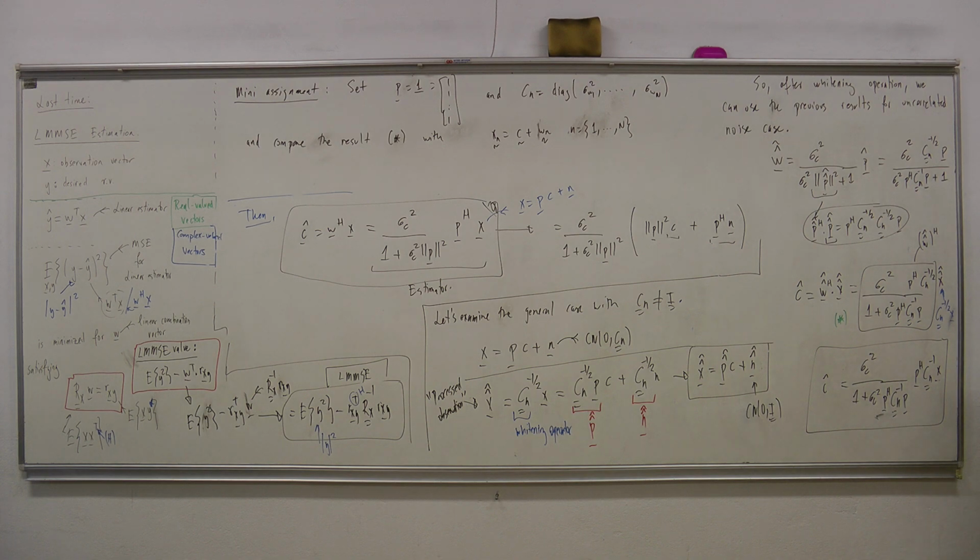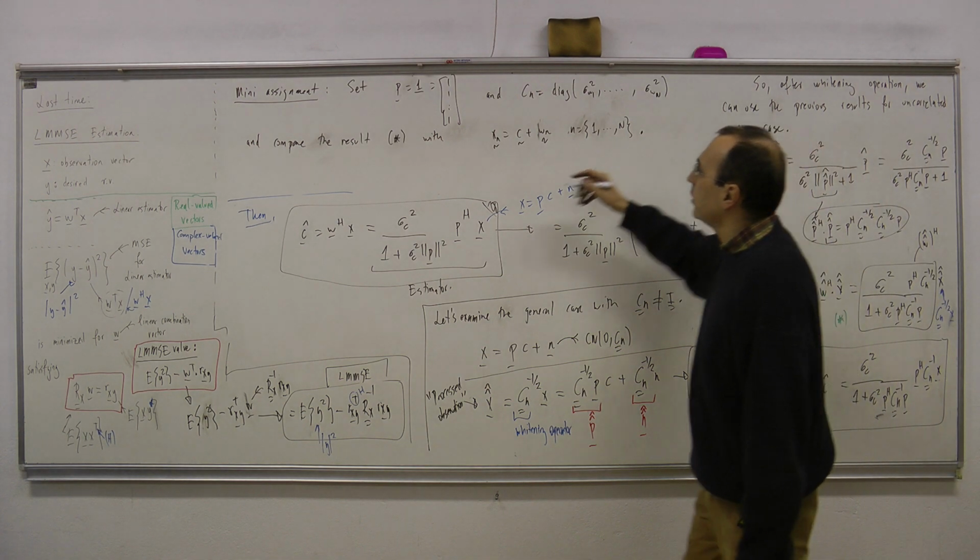As you see, this is much more general. But if I set P as the ones vector and this covariance matrix as a diagonal matrix, I should be getting the same result, isn't it? So just do this calculation.